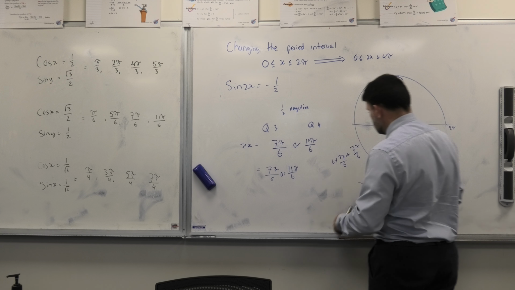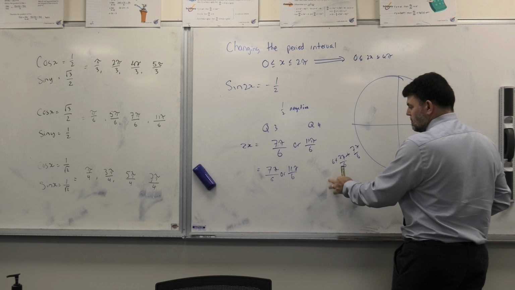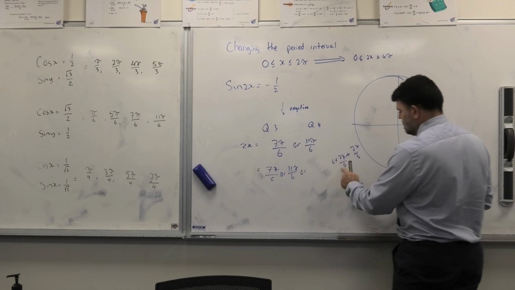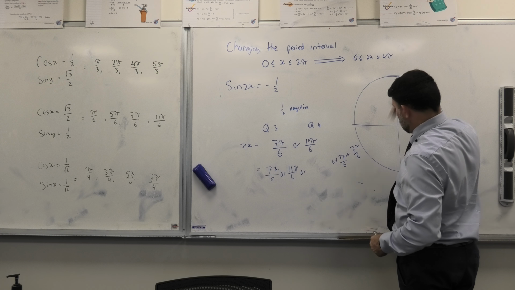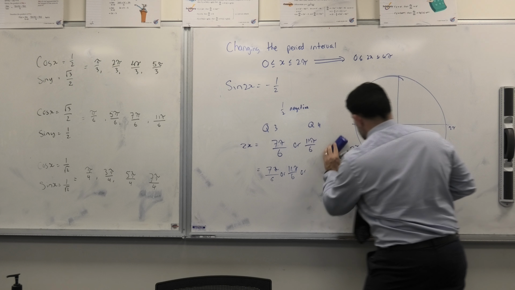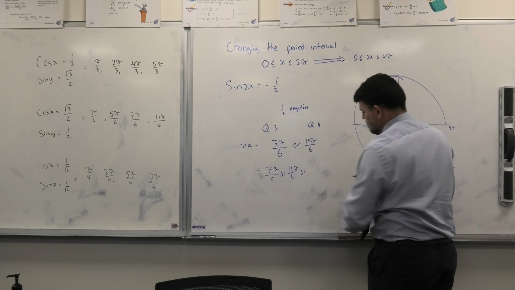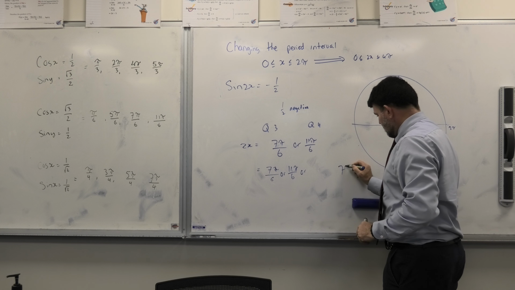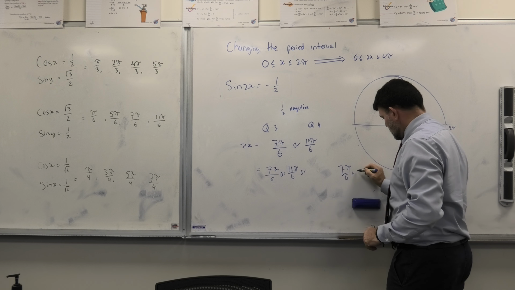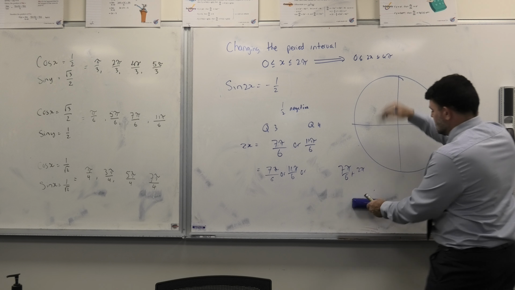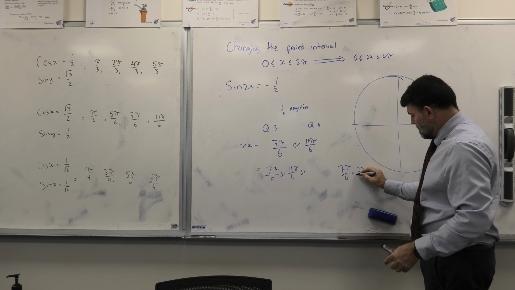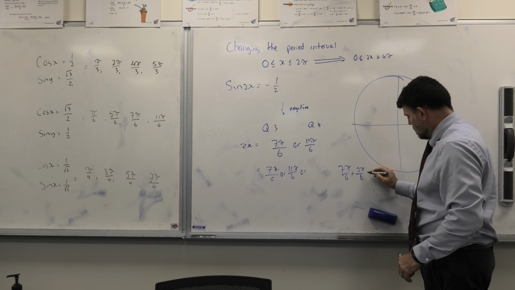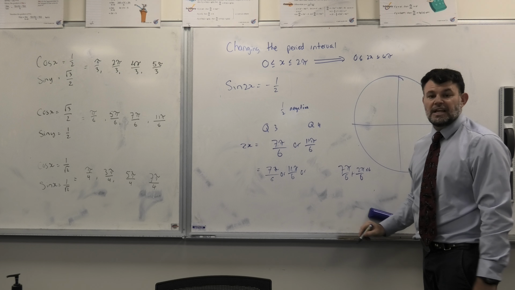pi on 6. The next one here is then going to be, well, let's put the working out just here. 7 pi on 6 plus 2 pi, because I've done that second revolution. It's just a matter of using your understanding of fractions.